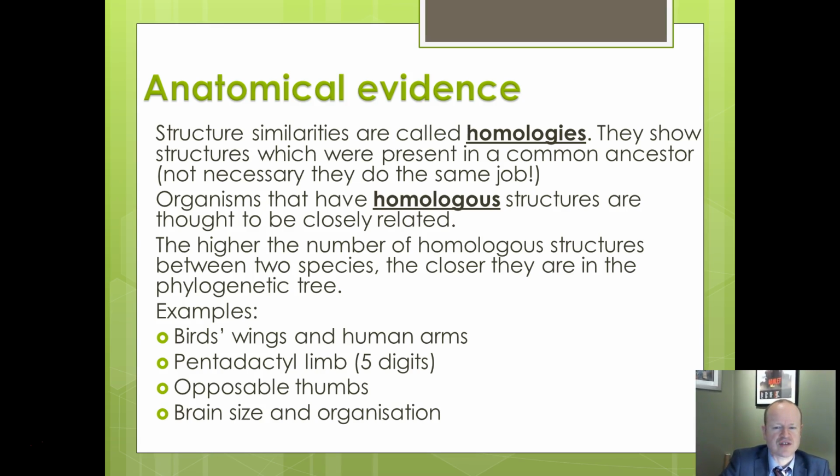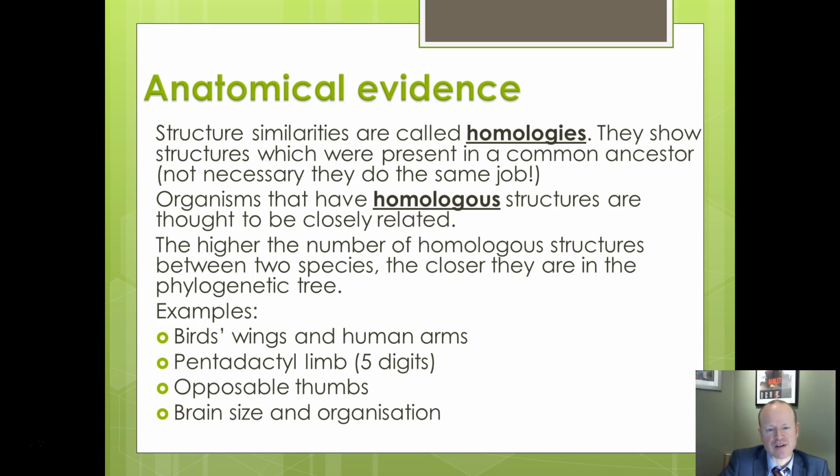In other words, structures that are thought to be related. And there are some examples of those, which again you should be familiar with from GCSE, the pentadactyl limb, the five-fingered limb, we'll look at those in a second. So homologous structures that are related include the pentadactyl limb.